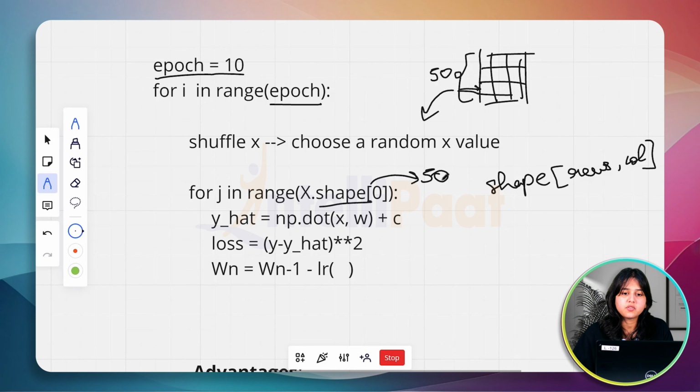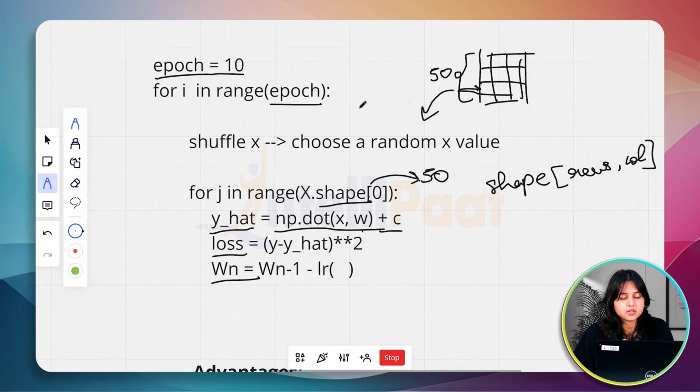We're going to run the loop 50 times, just for this example. And then we're going to calculate the y hat using the same np.dot function, passing our x value and our weights, and then updating the loss and updating our weights as well. So this is going to happen another 50 times.